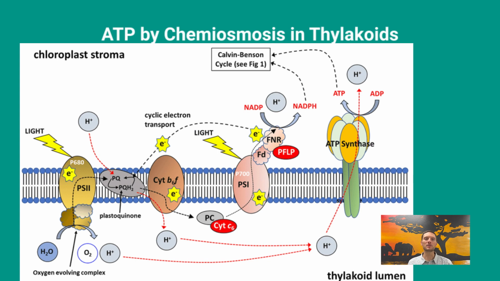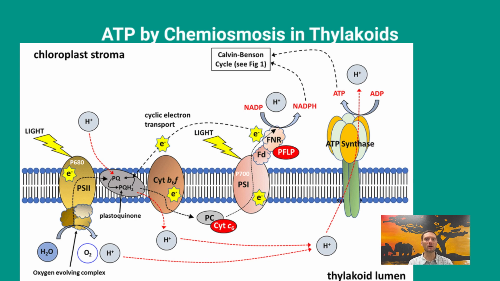Plastoquinol moves through the thylakoid membrane to the cytochrome complex, the B6F complex, and it passes those 2 electrons to the complex and then releases 2 protons into the thylakoid space. It is then converted back into plastoquinone, which returns to photosystem 2 for more electrons and protons. So it's essentially just a molecule that's ferrying those electrons from one spot to the next.